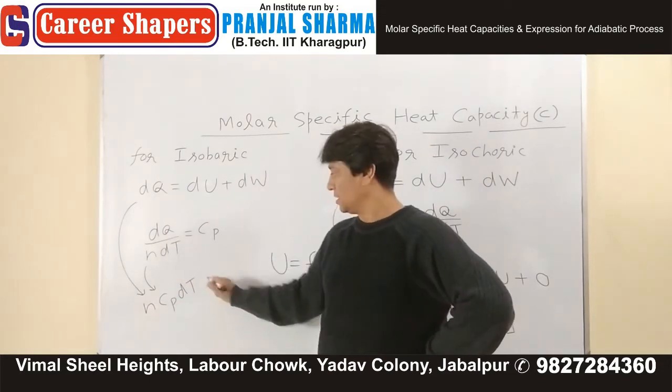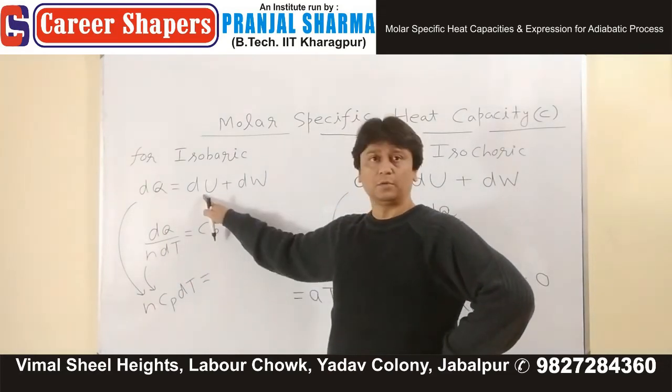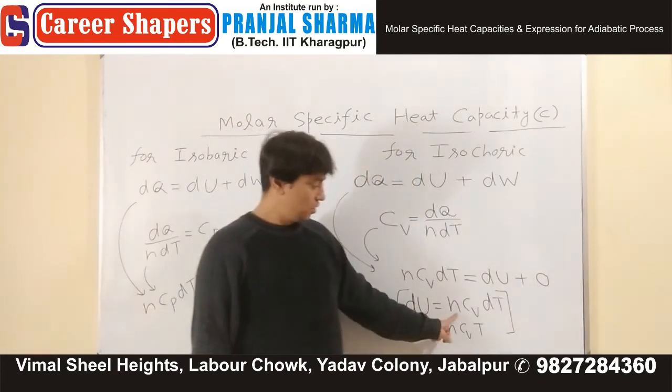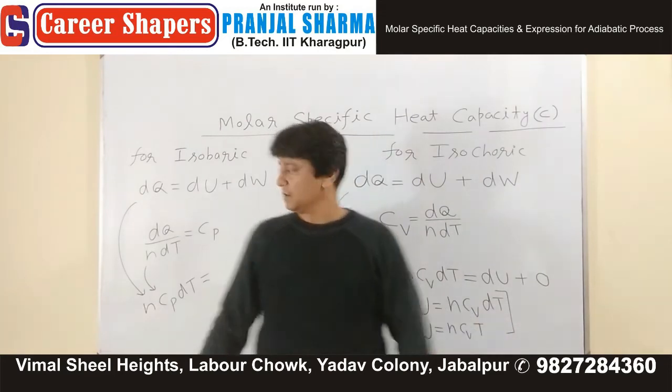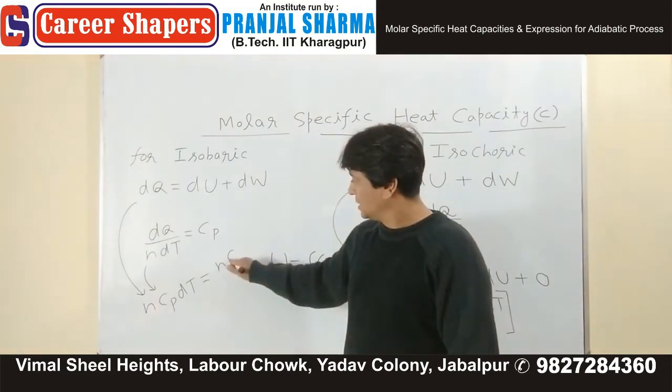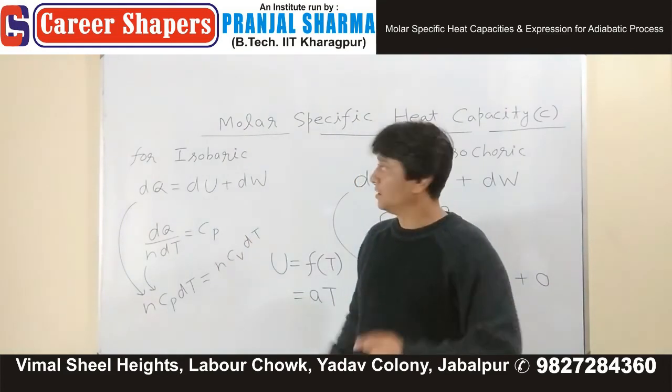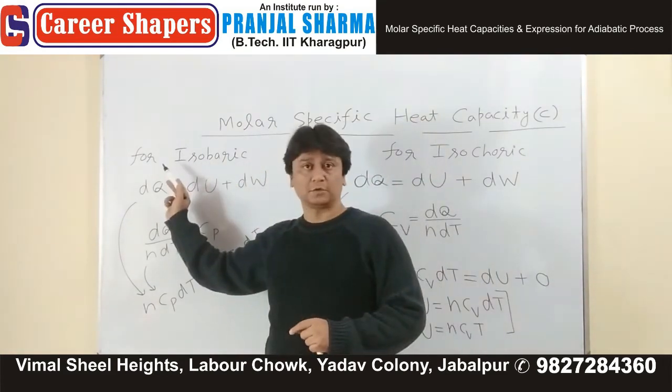What is du? For any type of process whatsoever, du is always N Cv dt. Now look here, it's an isobaric process.